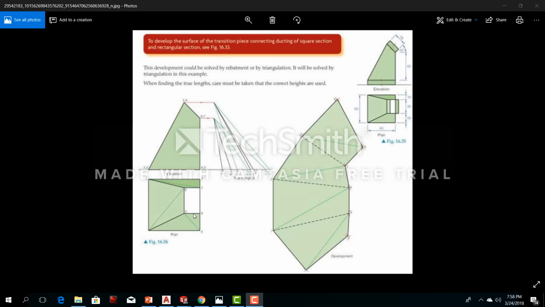Now if we have a parallel line and a line that's not parallel to the xy line, then usually that means that's also a true length. However, if both these lines are on the same surface, they must be parallel to be true length.